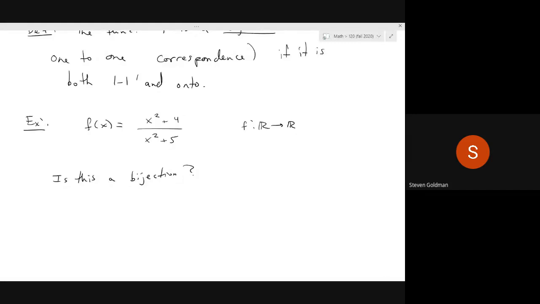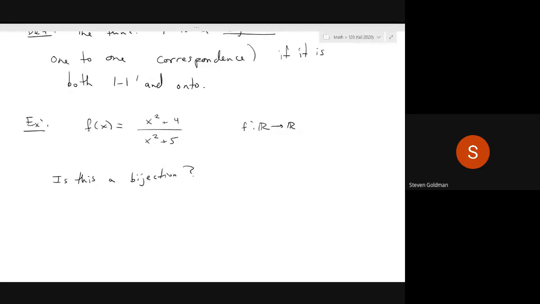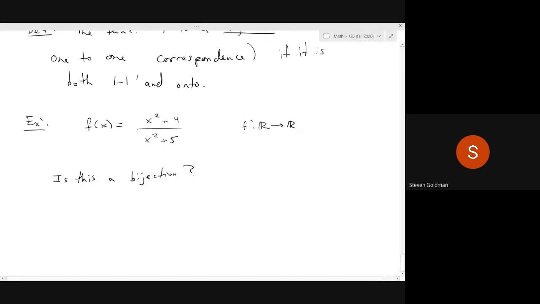Is this function one-to-one? What do you guys say? It's not going to be one-to-one, right? Why not?